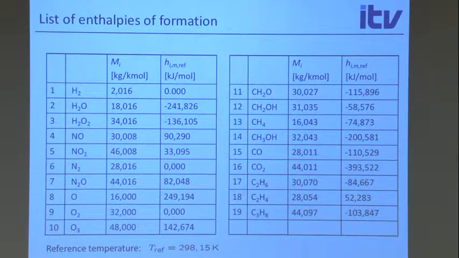Okay, hydrogen was zero, so this just means that C2H4 has a lot more energy stored in the bonds than C2H6. Okay, so unsaturated species carry a lot of energy. And so on. So it's interesting to compare these values with each other.